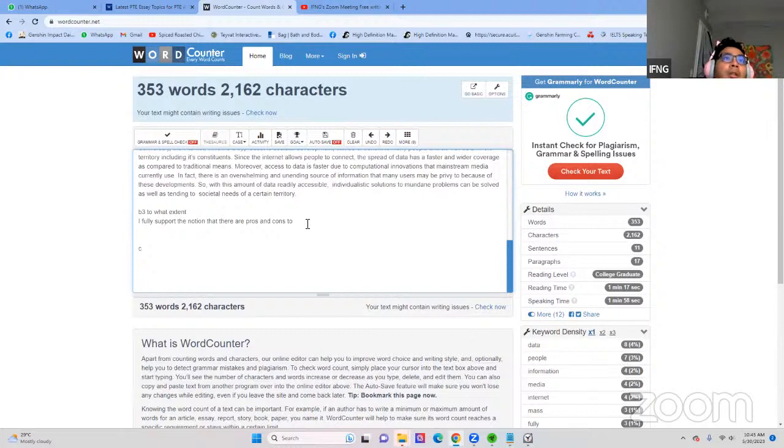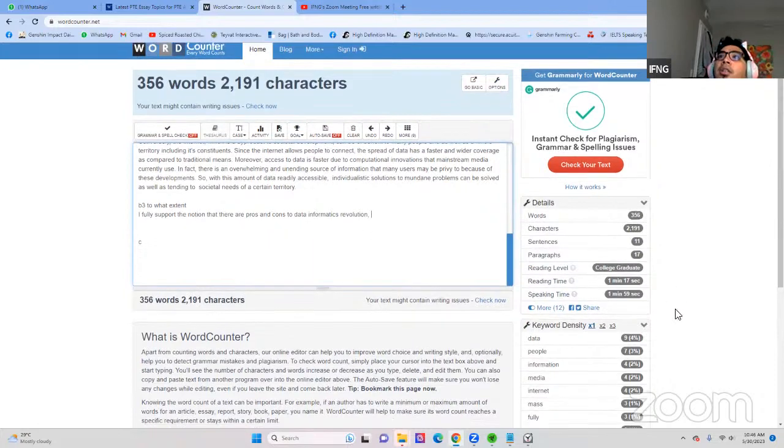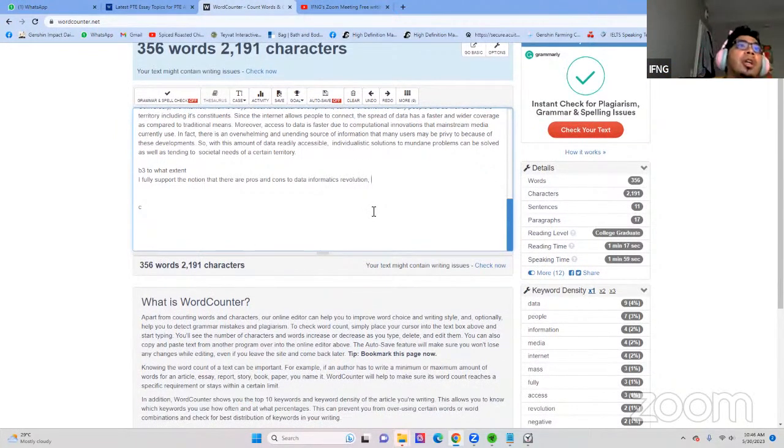I fully support the notion that there are pros and cons to the data informatics revolution with respect to mass media.